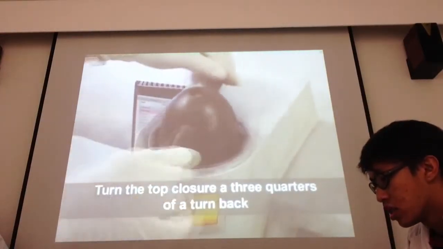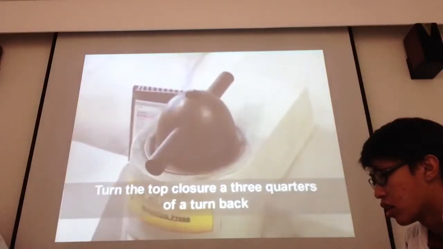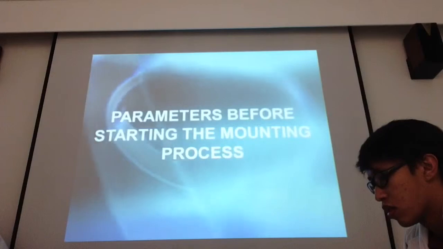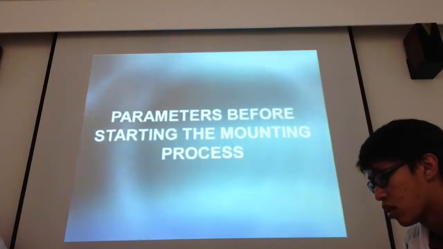Here you realize that you have to turn back 3/4. This is to make space for the resin, so it won't actually pour out or expand.